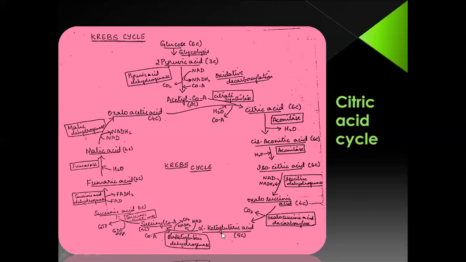So the alpha ketoglutaric acid undergoes decarboxylation to form succinyl coenzyme A, and this decarboxylation is brought about by the enzyme alpha ketoglutaric dehydrogenase, and this decarboxylation involves coenzymes like coenzyme A and NAD.